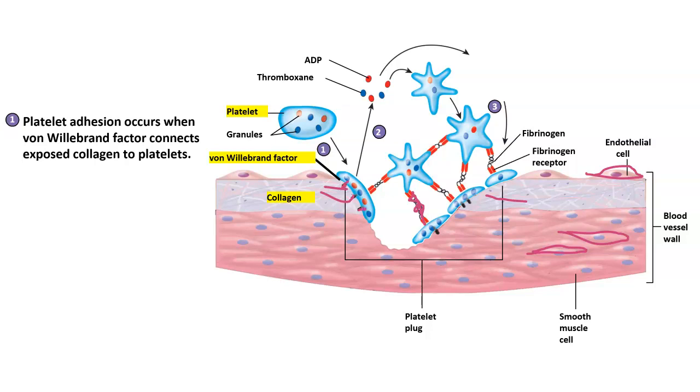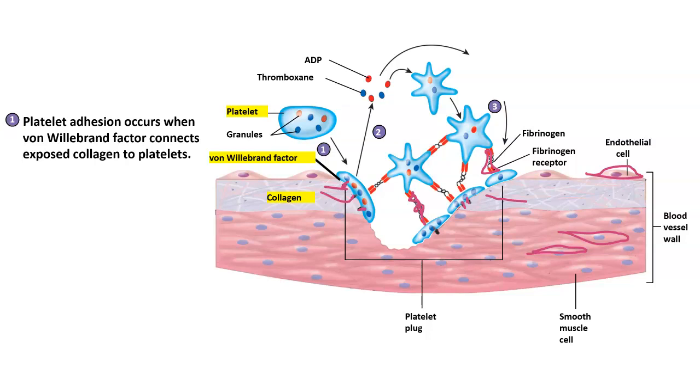There we go. And so they are the ones that will bind to the collagen fibers, and in turn, the platelets will bind to the von Willebrand factor. So these spring-looking things are going to be fibrinogen and fibrinogen receptors that allowed the platelets to begin attaching to each other.